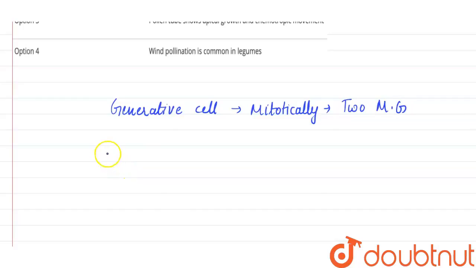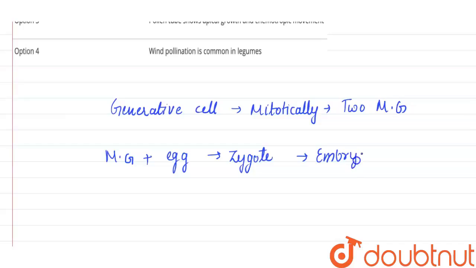The first male gamete fuses with the egg and forms zygote, which later converts into the embryo. Here the ploidy level of male gamete is haploid and egg is also haploid, then they both form the diploid zygote. This type of fertilization is known as syngamy.